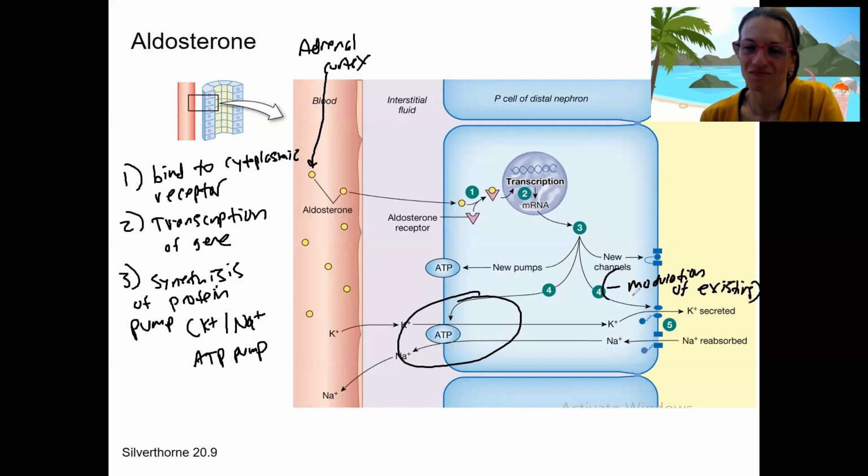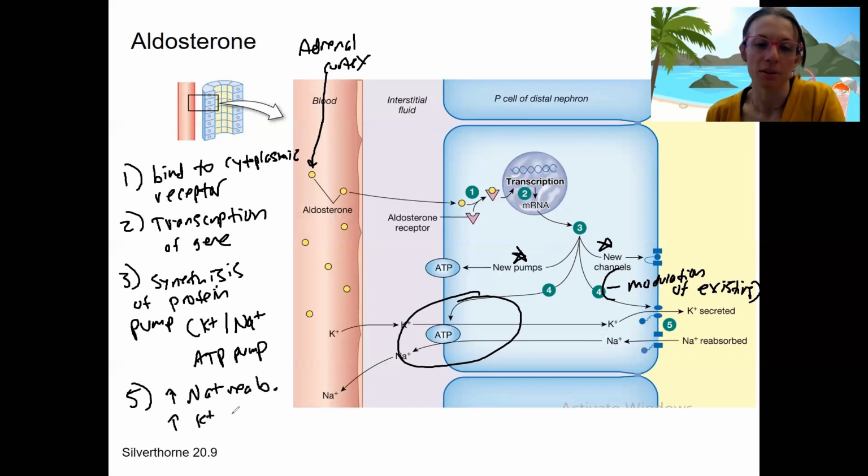Side note, the new channels and pumps is what I focused on. 5 is really just the last step then, which is increased what? Sodium reabsorption, increased potassium secretion.